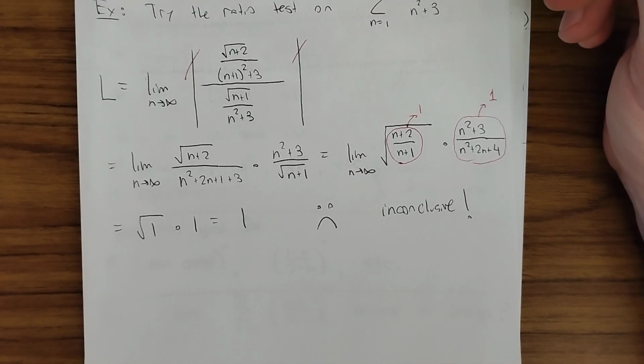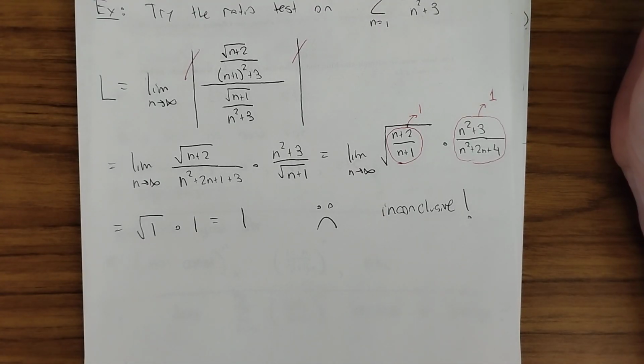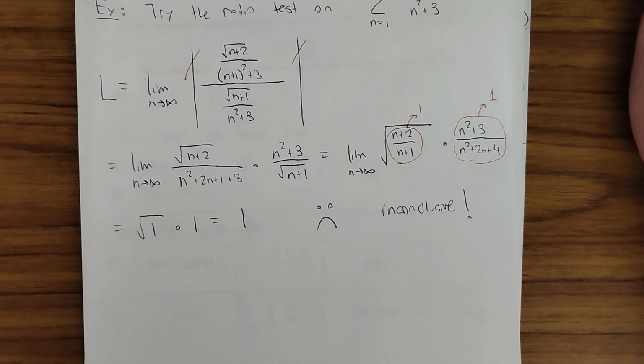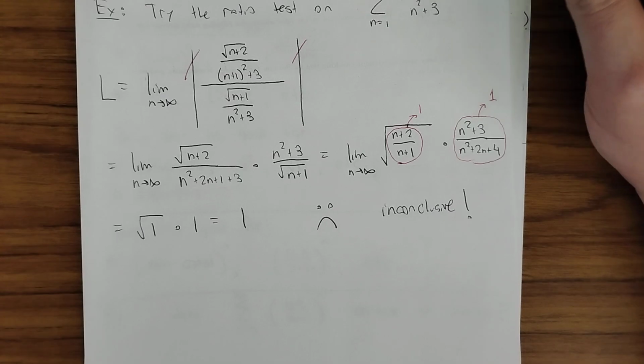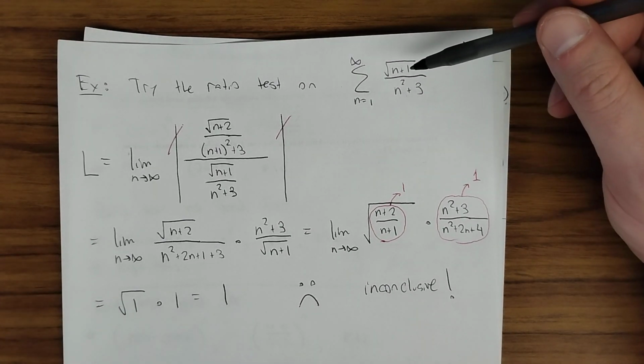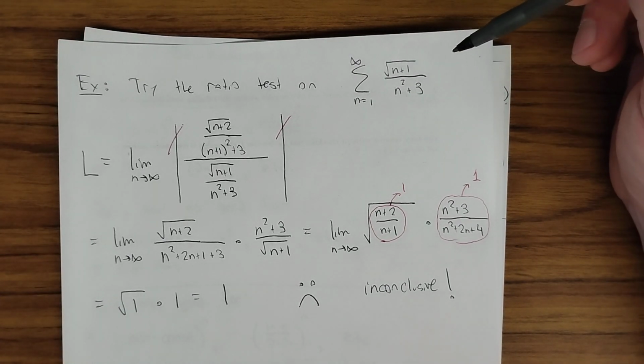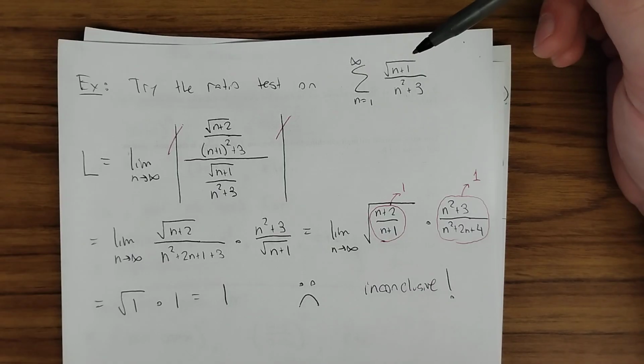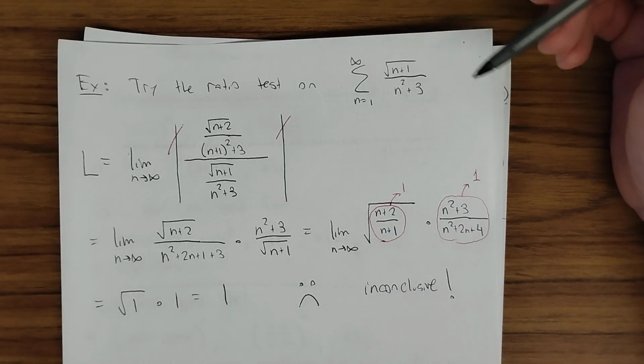Sometimes it's hard to see this coming, but basically we just wasted our time. I guess we learned something, but we didn't learn the answer to our question. If we were wondering whether this series converges or diverges, we still don't know. All we know is that the ratio test doesn't tell us anything, and we should try something else.